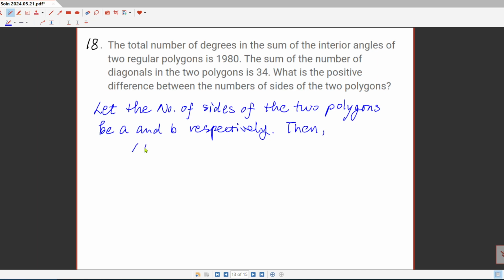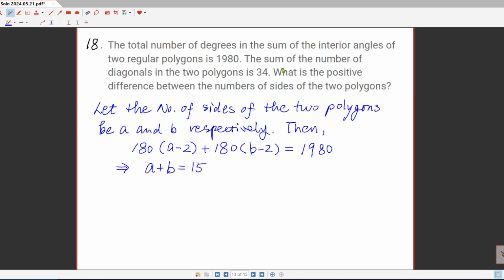We have 180 times a minus 2 plus 180 times b minus 2. That's the sum of the interior angles of the first and second polygons. And we know that equals 1980, right? So simplify that equation, gives us a plus b equals 15, right?